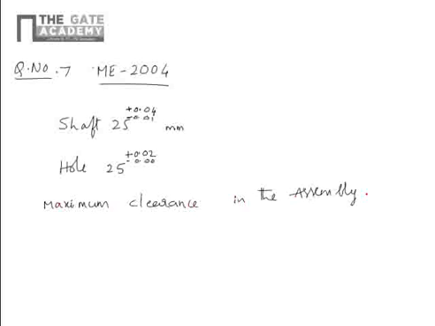First of all, we need to draw the diagram. Reference line or basic line. Shaft first. Shaft has a bilateral tolerance: plus 0.04 and minus 0.01, all these values measured from the basic size.